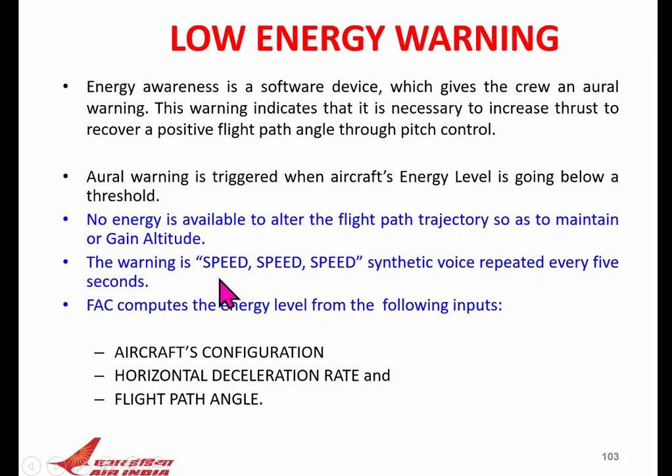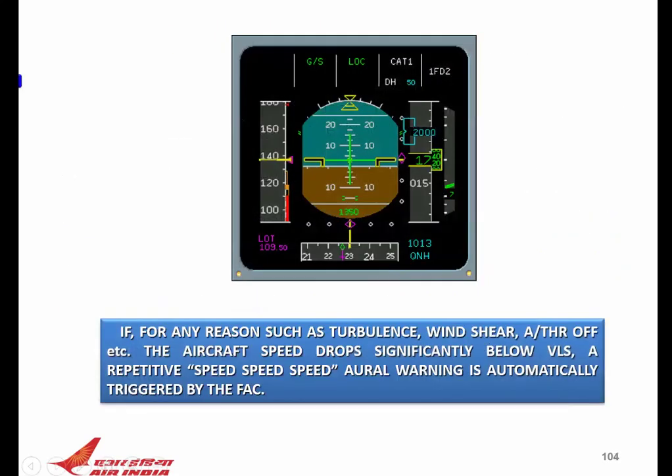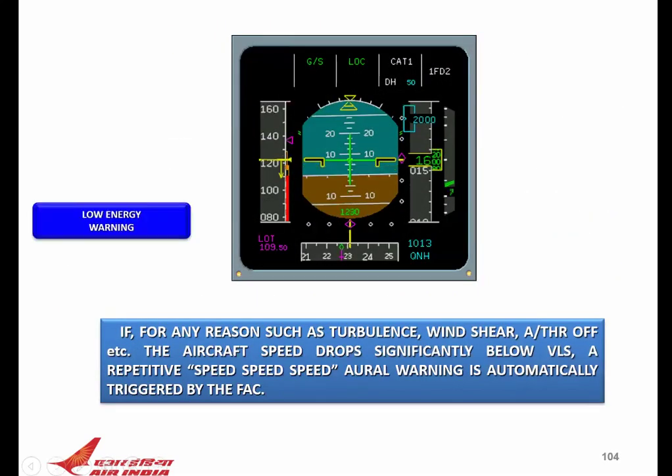So what happens? The FAC will generate the warning: speed, speed, speed. A synthetic voice will come repeatedly every 5 seconds. The FAC will compute the low energy warning from aircraft configuration, horizontal deceleration, and flight path angle. Actually, it is a primary phase of wind shear. Speed. Low energy warning is nothing but a step before the stall warning.